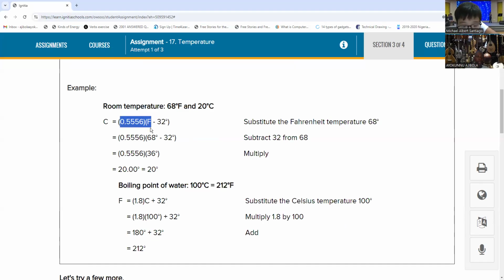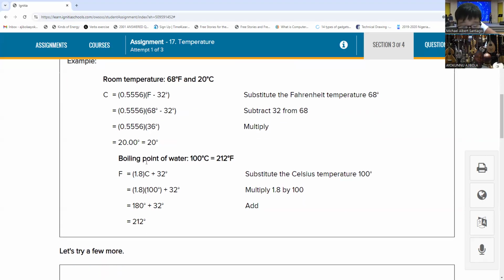So we take the given temperature of 68, firstly remove 32, then multiply by this constant. So it's giving us 20. Okay, let's go back. I was explaining something.